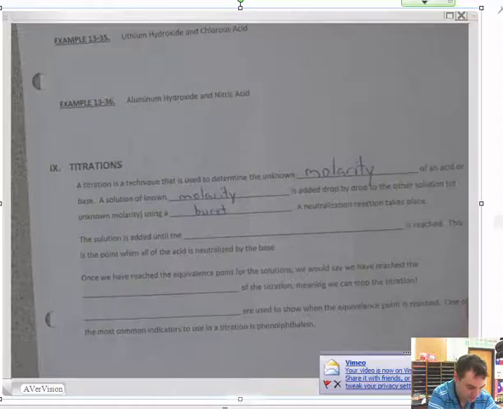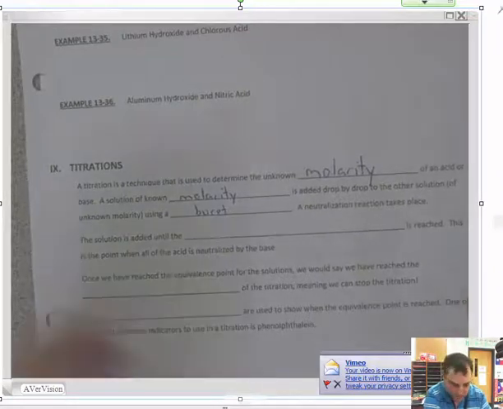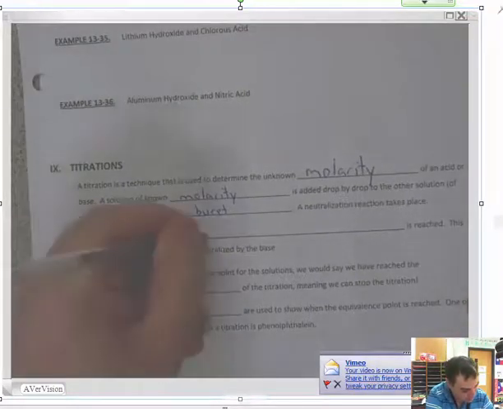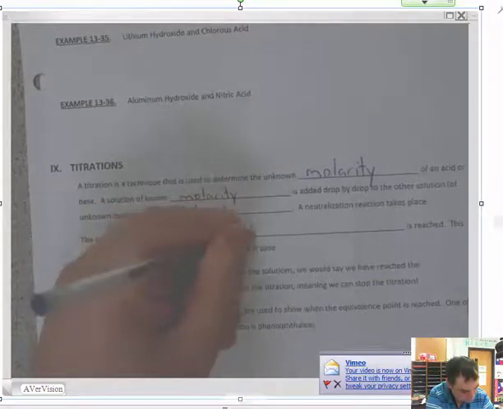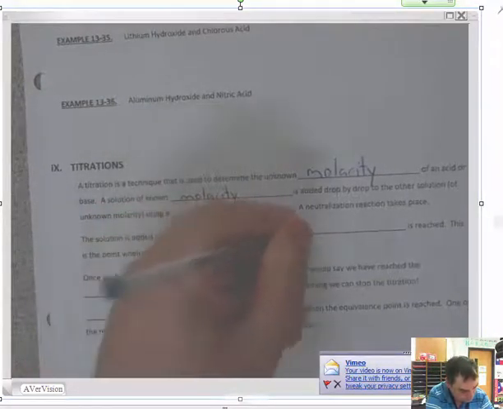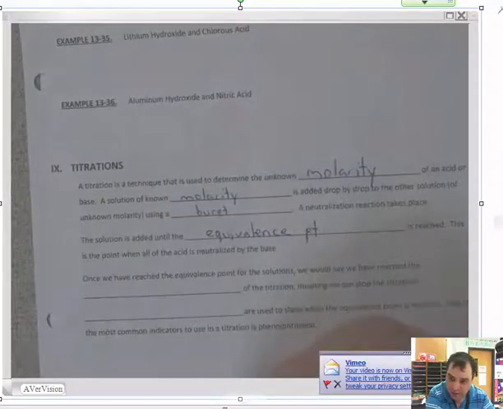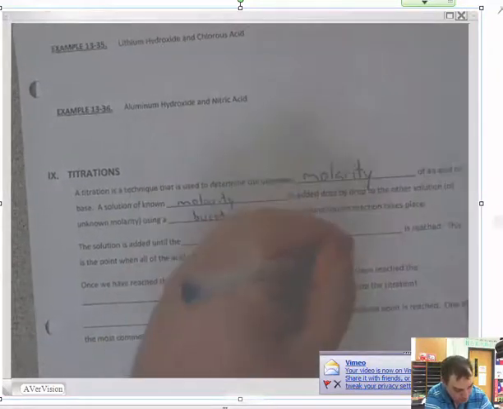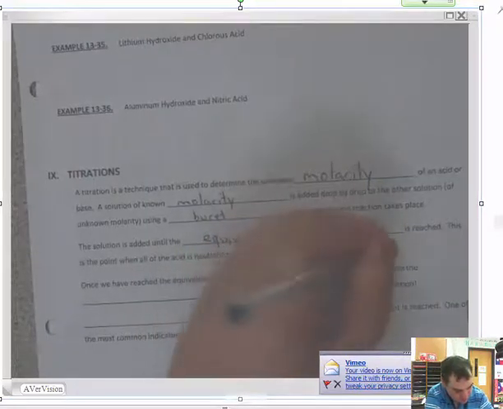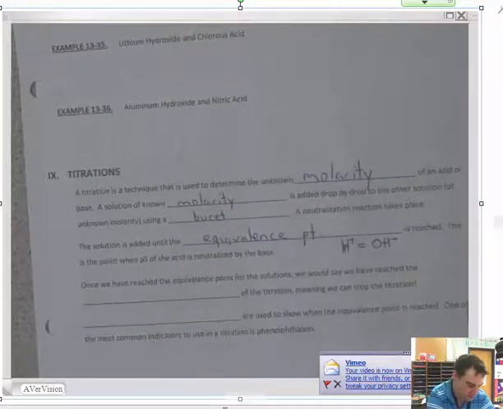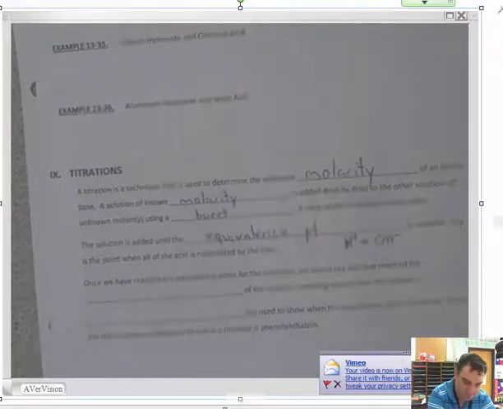A neutralization reaction takes place. The solution is added until the equivalence point is reached. The equivalence point is when H+ equals OH-. Okay?